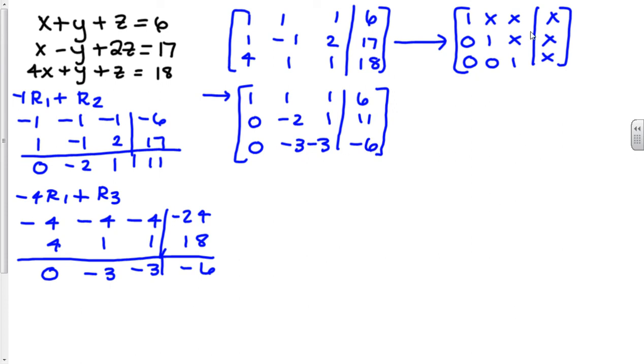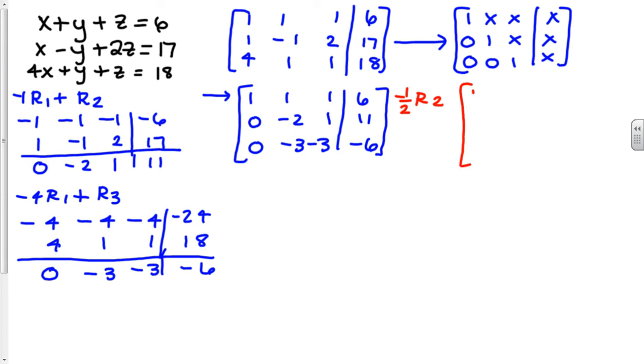Next, I work with the second column. The first number doesn't matter, but the second number I need to be 1. To make this negative 2 a 1, I need to multiply it by a negative 1/2. So I'm going to take row 2, and I'm going to multiply it by negative 1/2.